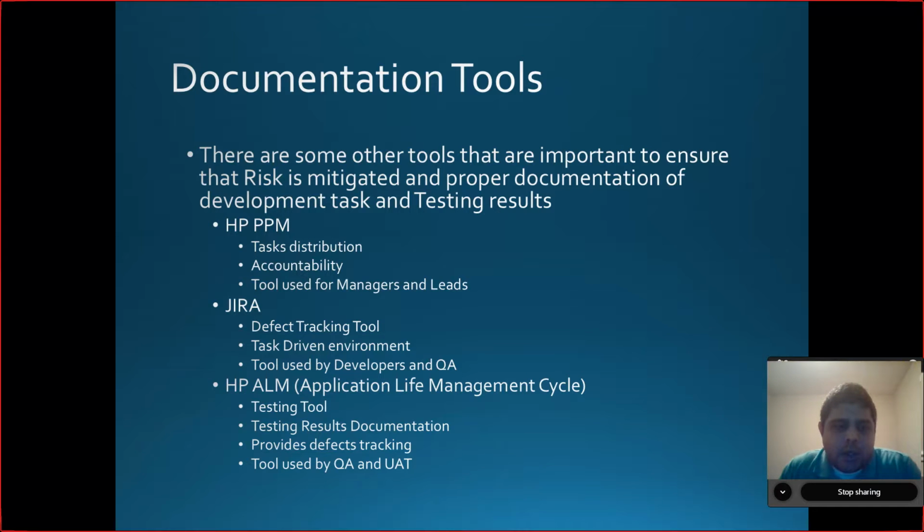Jira is another tool that's used for defect tracking, and it also creates tasks for developers and QA. And we have HP ALM, which is Application Lifecycle Management. This is a testing tool that provides documentation and is used by the QA members and the UAT members.